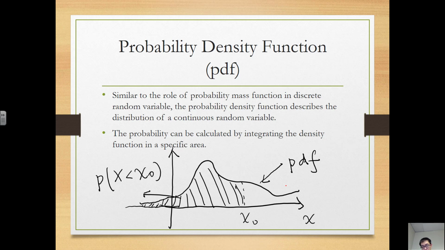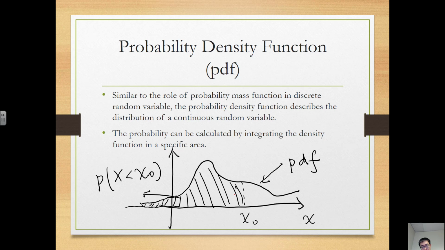If a random variable x follows the PDF, and we want to calculate the probability of the random variable being smaller than some specific value x0, then we just integrate this area from negative infinity to x0. In other words, the area under the curve is the corresponding probability.